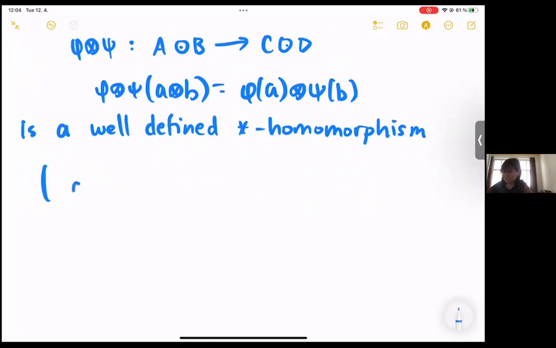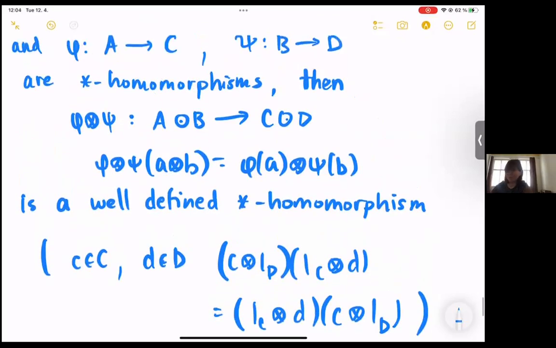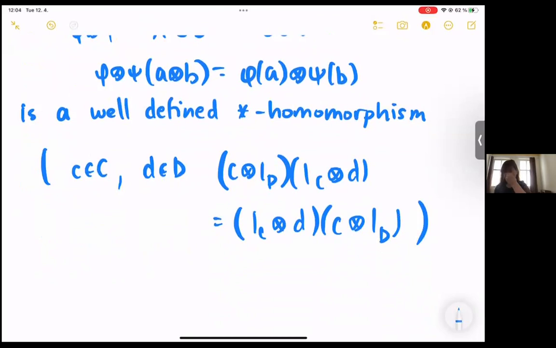So if c is in C and d is in D, and we assume that C and D are unital, then we have that c tensor 1_D and 1_C tensor d is the same as 1_C tensor d and c tensor 1_D. And any star homomorphism, including in the C-star algebra case, we can always just extend to be unital. So this makes sense even in the non-unital case.